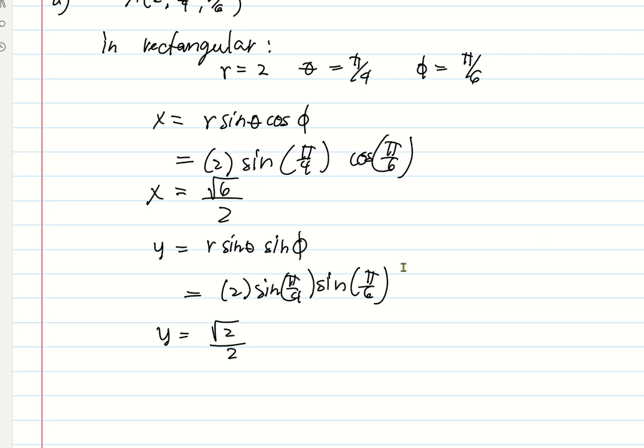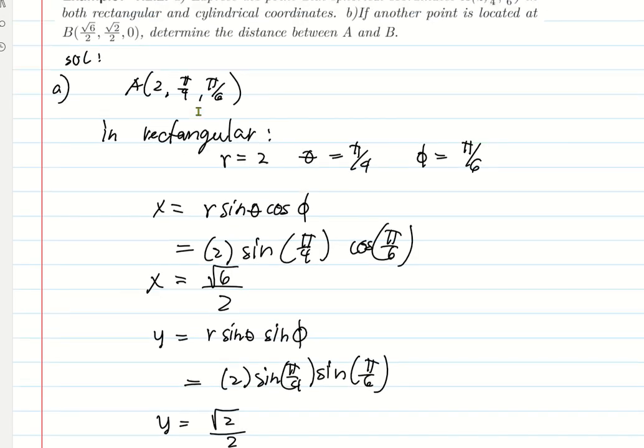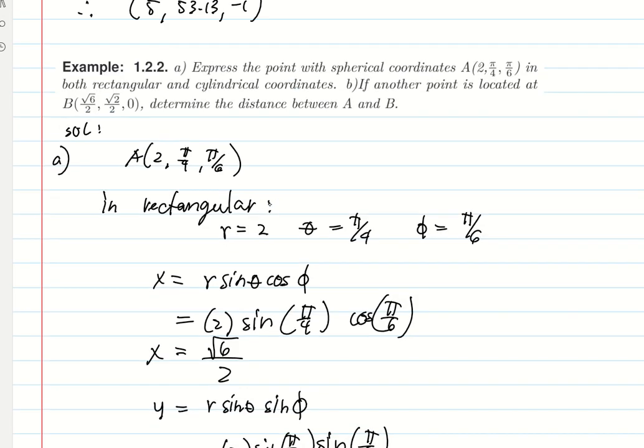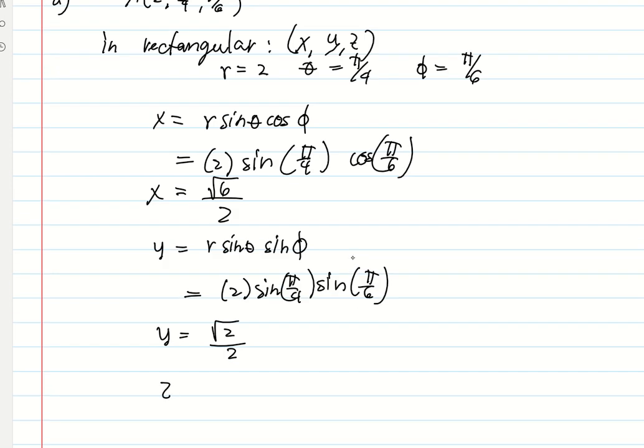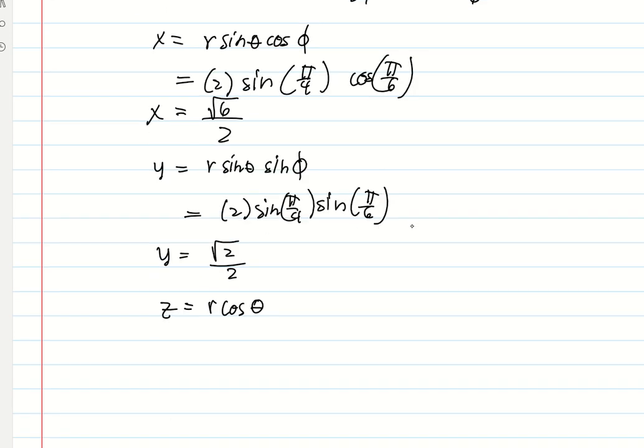What else? We still need z, because we're converting to rectangular x, y, z. We need to solve x, y, and z. The formula for z is just r cosine theta. Our r is 2, multiplied by cosine of our theta, pi over 4.